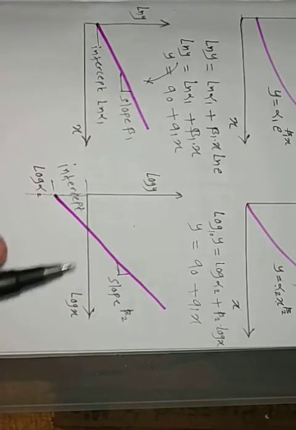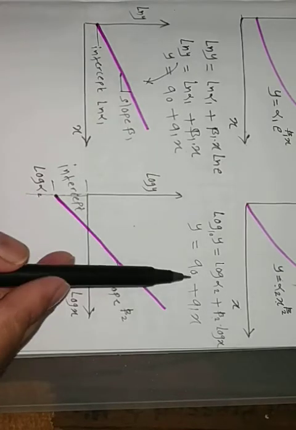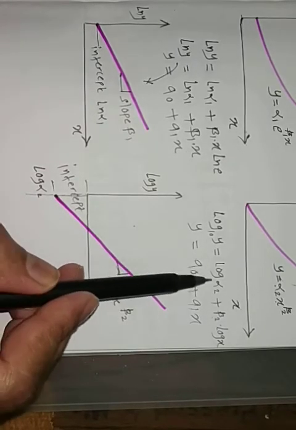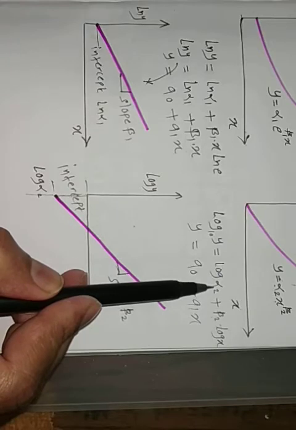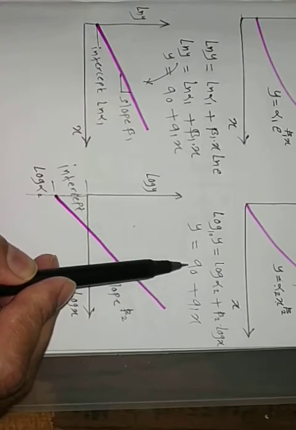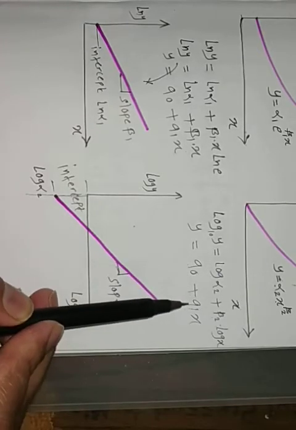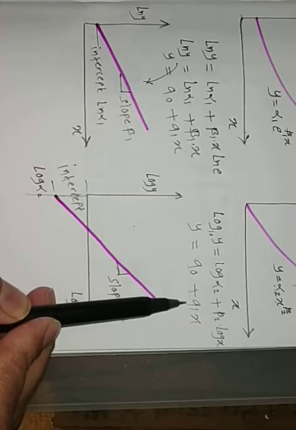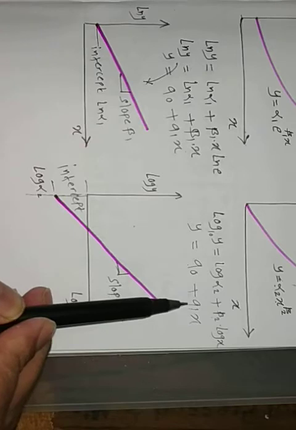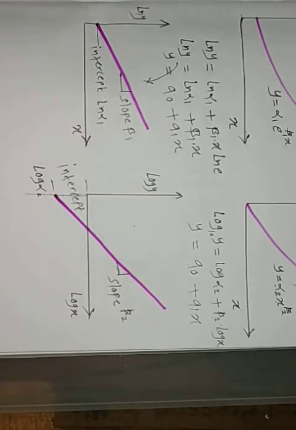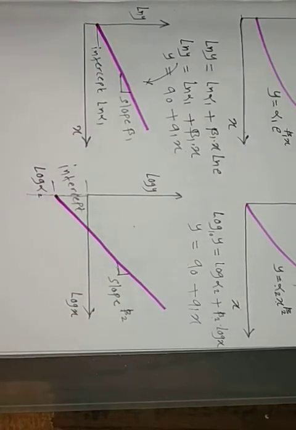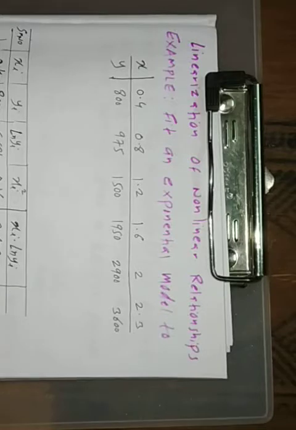So again, using linear regression we can find out values of log alpha 2 by using equation for a0. Similarly, we can find out beta 2 by using the equation for a1. Okay, so in following examples we will see all these things.